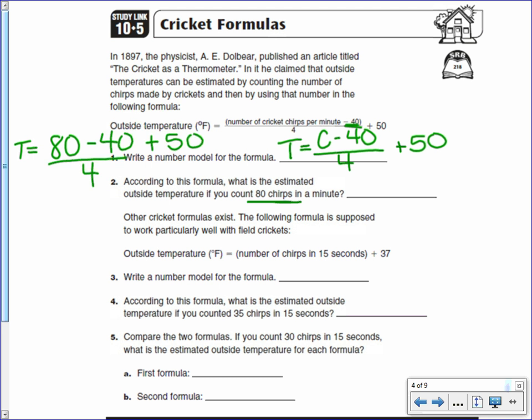Again, this looks a little overwhelming. Take a deep breath. We're going to do it step by step. What is 80 minus 40? 40. Remember I said rewrite it, it helps? Okay, 40 divided by 4 is? 10. Then 10 plus 50 is? 60.